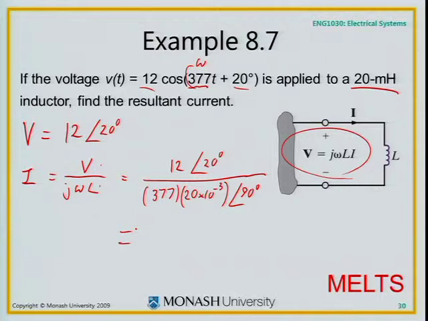Okay, 50 out of 84 have now calculated that that is approximately 1.59 at angle minus 70 degrees. But that's in the phasor domain, so I convert back to the time domain.